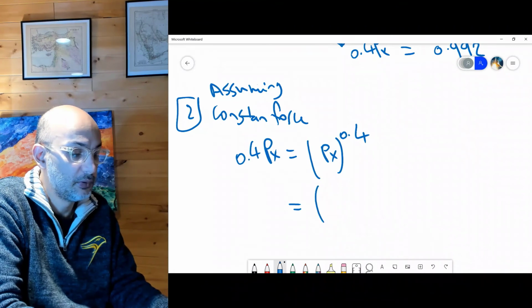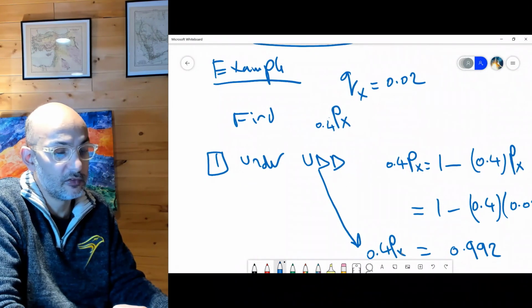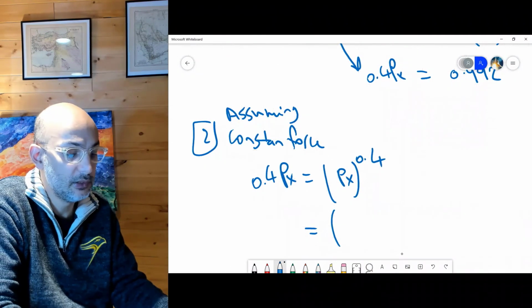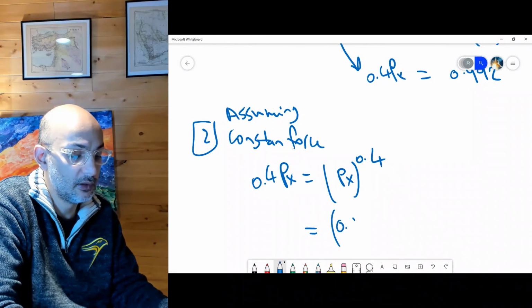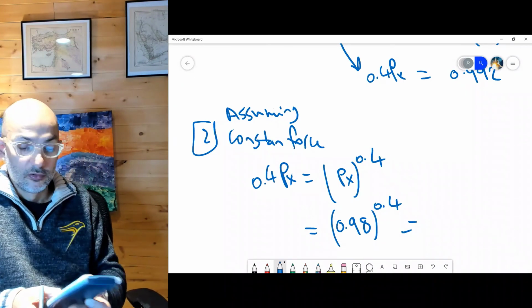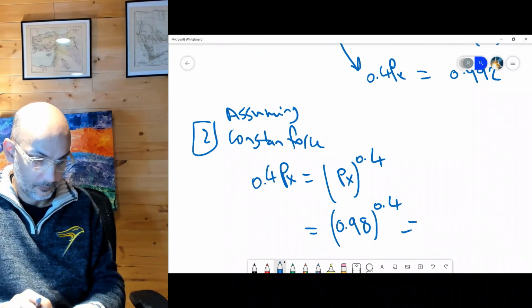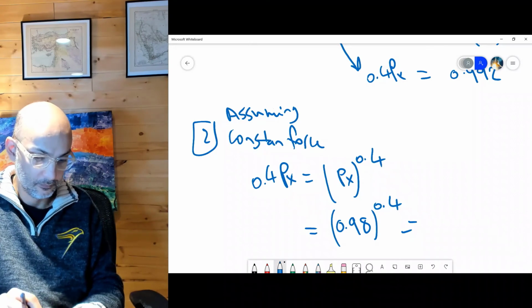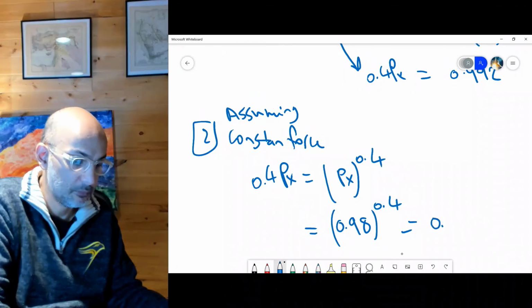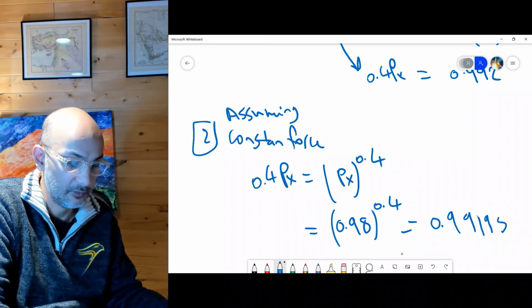And px is, if qx is 0.02, then px will be 0.98 raised to 0.4. So let's do it. This gives me 0.99195.